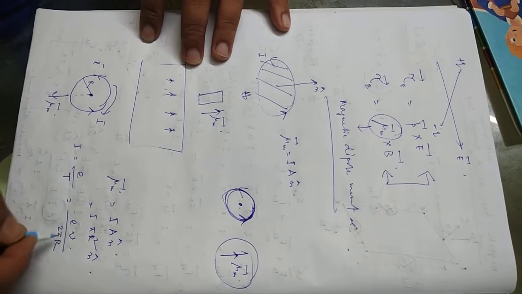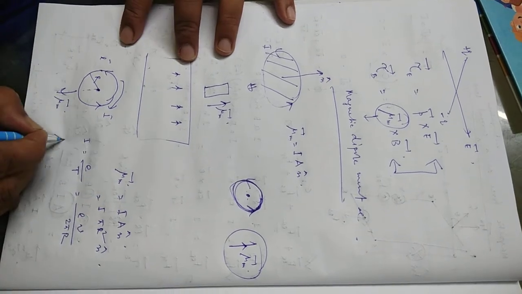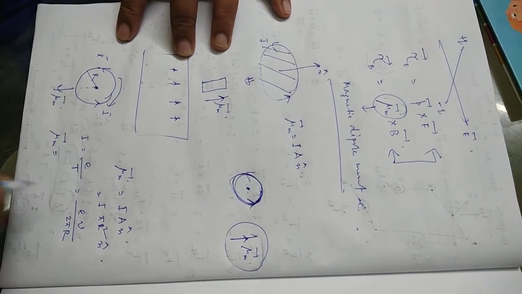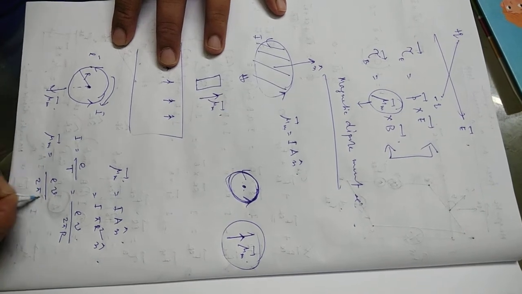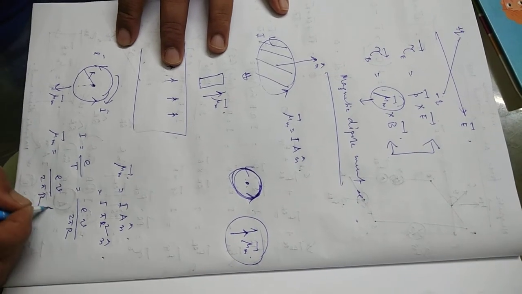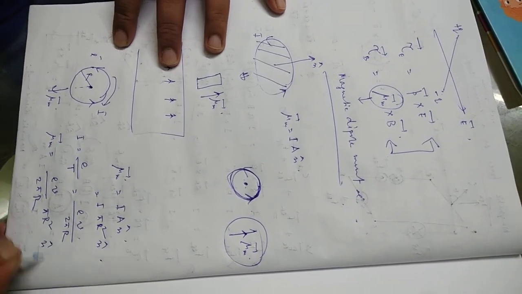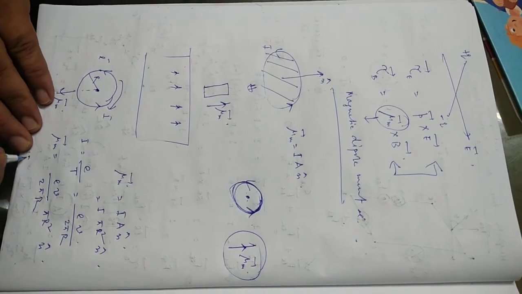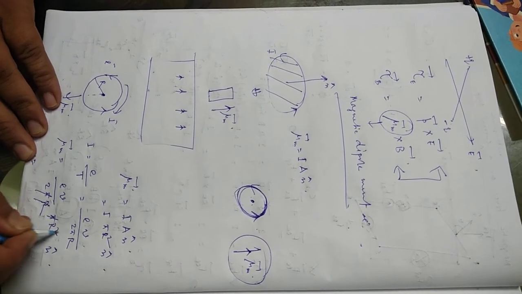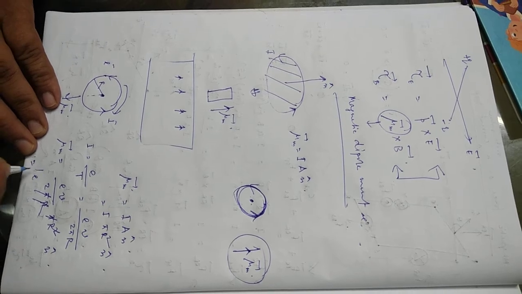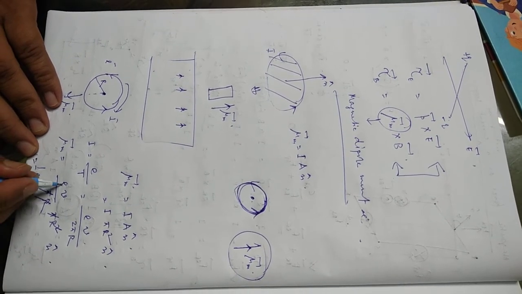So mu m equals e v by 2 pi r into pi r square n cap. That gives pi r gone, so half e v r n cap.